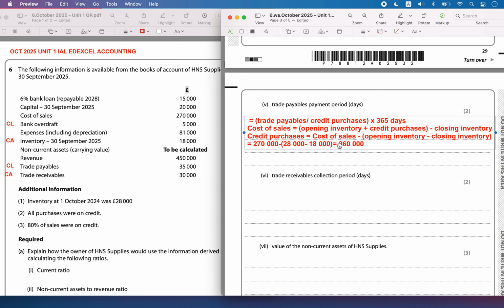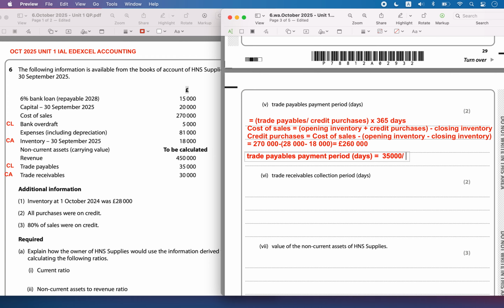This is in pounds. We can write credit purchases amount as 260,000. Now the trade payables payment period. That is the ratio of trade payables over credit purchases.